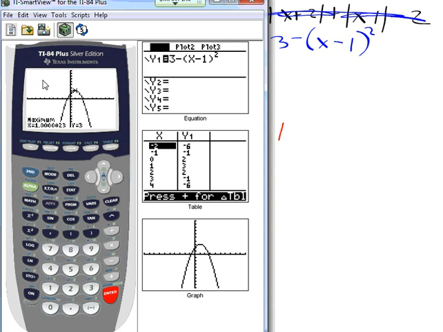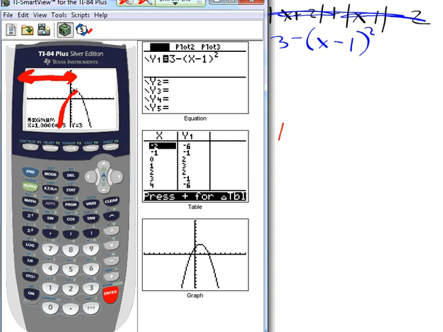So what does that mean? That means when I actually am answering the question for number 9, what is the maximum? It's at 1, 3. What is the interval? It actually doesn't even ask for that, though. It asks for the intervals where it's increasing and decreasing. Well, it increases in there, and that interval is from -infinity until it hits 1.